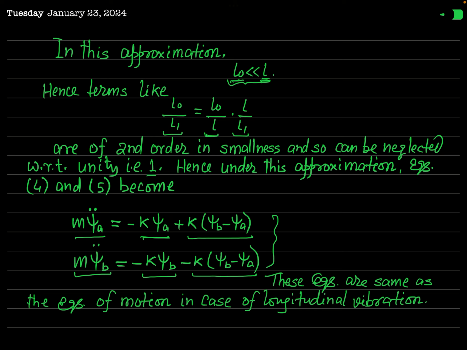And you have already discussed in your previous lecture what are the frequencies of the normal modes of vibration. Can you remember? There were two modes of vibration. The frequency for the first mode was omega 1, given by the square root of k by m. The frequency of the second mode was omega 2, the square root of 3k by m. Already we have discussed this result.